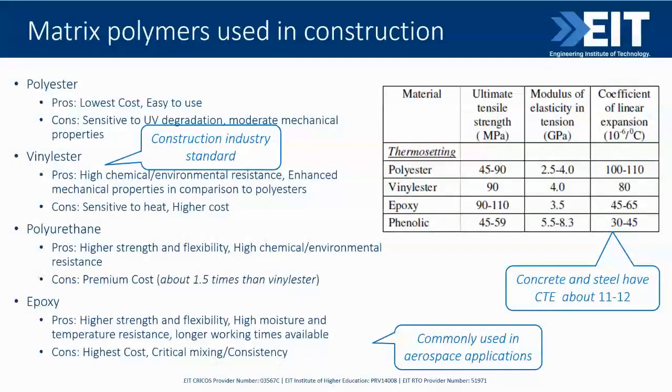The role of the matrix, as I mentioned already, is to bind the fibers together and to protect the surfaces from external influences, abrasion, environmental degradation, and so on. The matrix also should maintain the position of fibers because we arrange them in a certain way. The matrix also transfers the stresses to the fibers by adhesion or by friction.